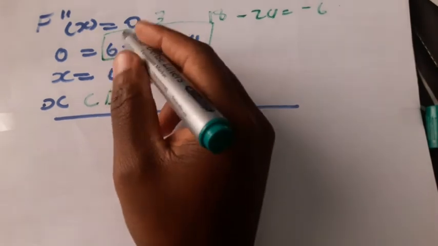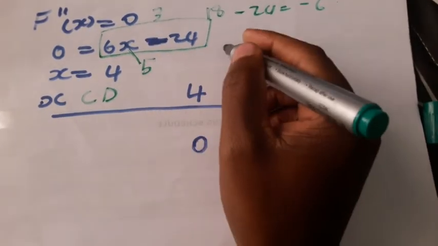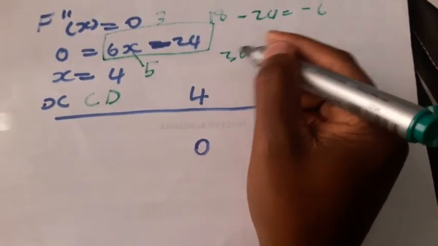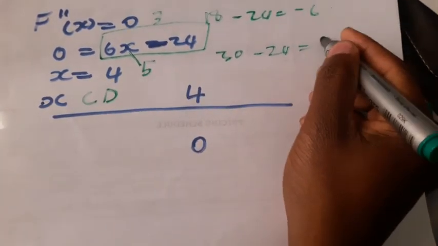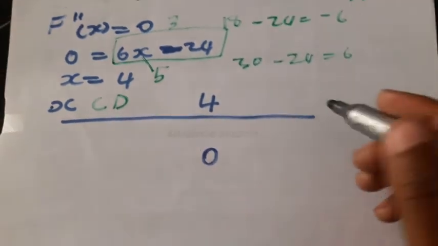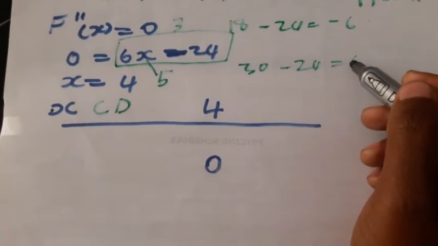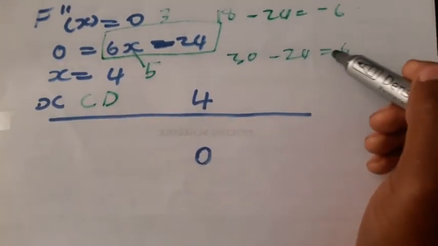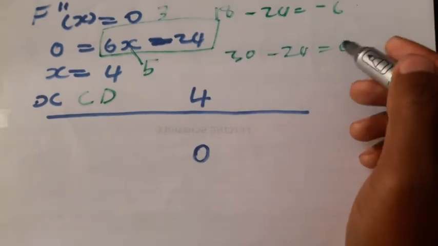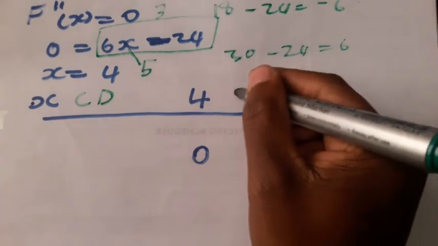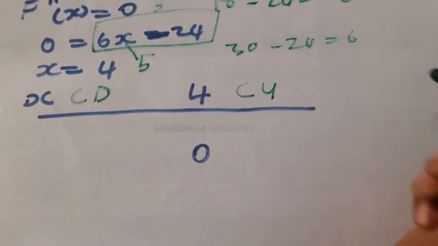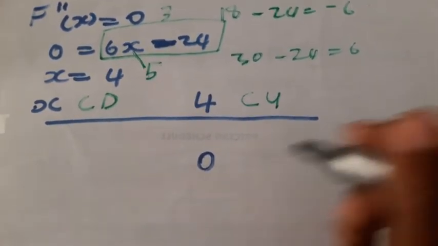We say 6 times 5, you know that it's 30. Then 30 minus 24 is equal to 6. The important thing here is to look at the sign. The sign here is positive. So since the sign is positive, the graph is going to be concave up, like that.